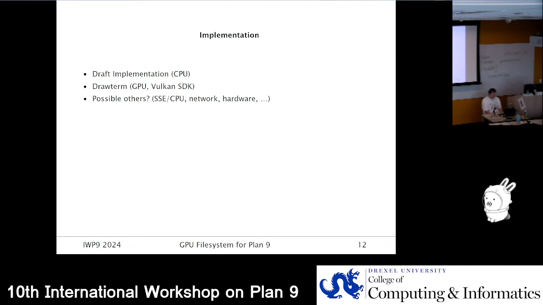And there might also be others in the future. I just recently learned that CPUs sometimes have their own SIMD functionality, which could be used. That's the SSE stuff and whatever, different versions, different architectures from different manufacturers. I don't know. There could also be some network implementation, hardware, whatever you want.